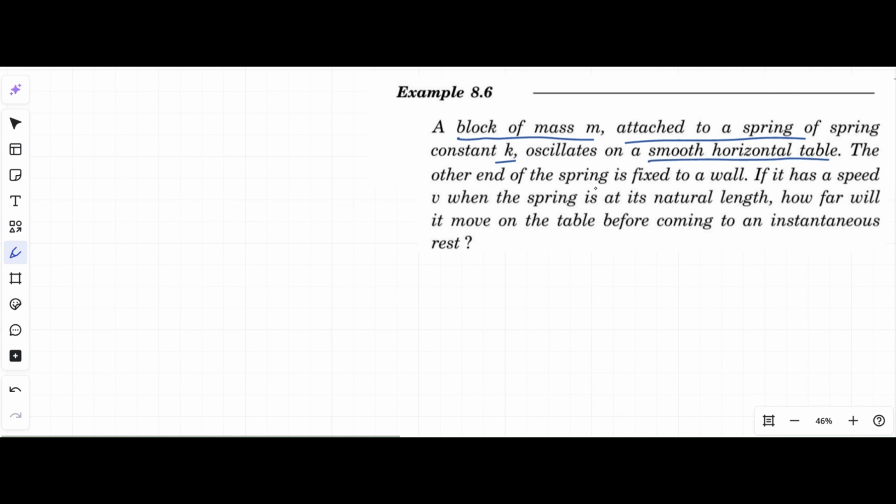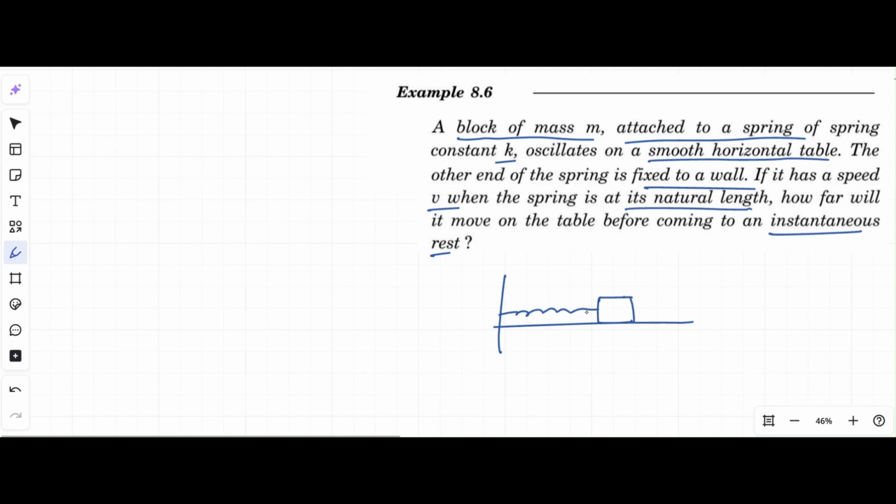The other end of the spring is fixed to a wall, and if it has a speed v at its natural length, how far will it move on the table before coming to an instantaneous rest? So it is something like this. This is a horizontal table.